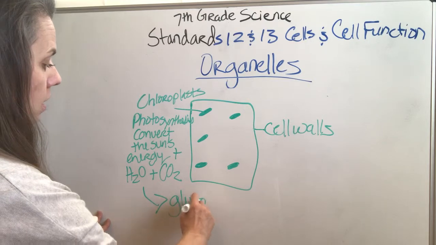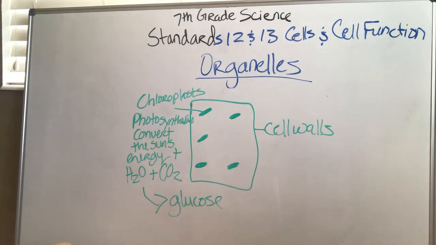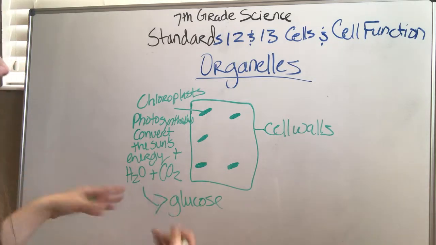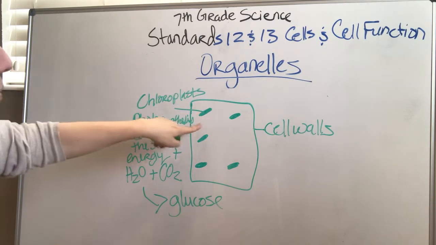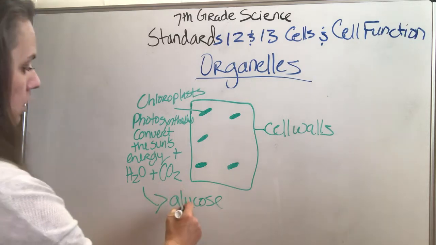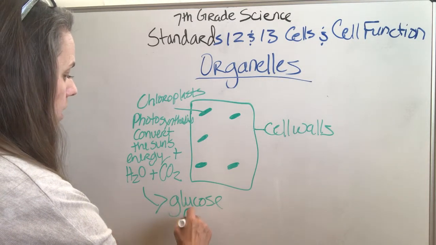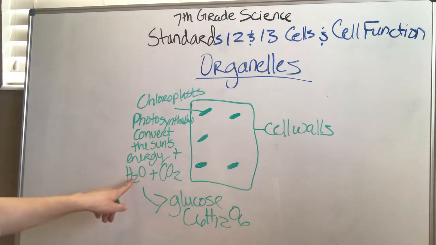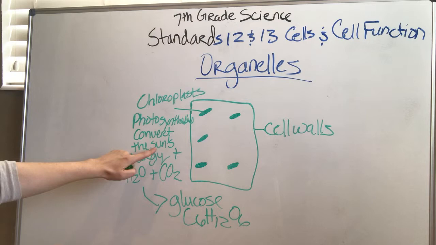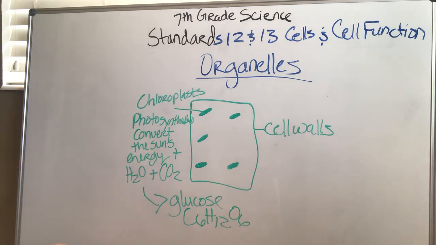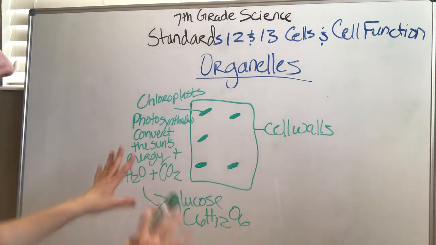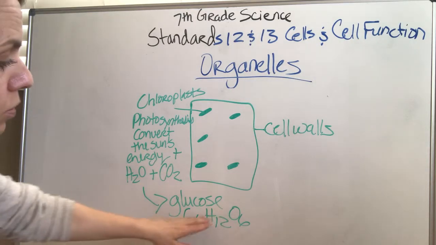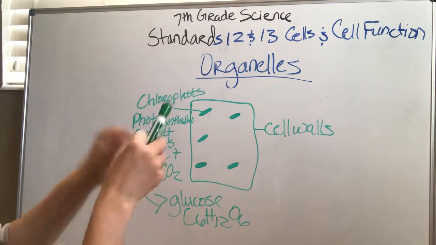So that same glucose that's broken down in the mitochondria in the animal cell and in our cells is created by the plant cell. So this glucose, you'll learn this in 8th grade, is C6H12O6. And it's made up out of water, carbon dioxide, and the sun's energy. And when that's broken down in the mitochondria, the sun's energy that was stored in between those atoms is released.